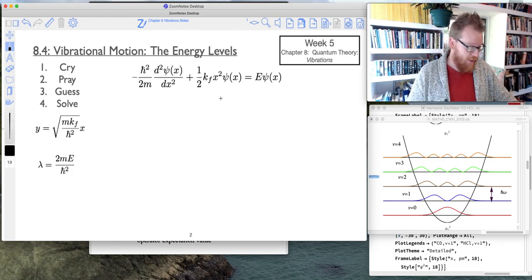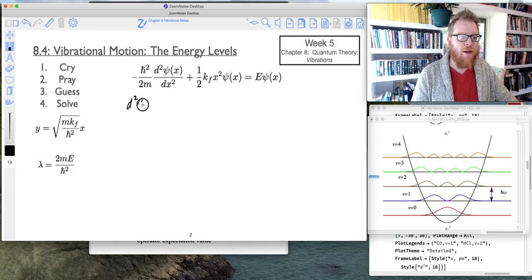Okay? So that's going to go as following. So first I'm going to multiply through negative 2m over h bar squared through. Okay? So let's go ahead and do that. So when I do that, I can now just write the second derivative in psi of x. All right? And now that's going to be minus, and so the 2's and the 2's cancel because I'm multiplying it through, right?